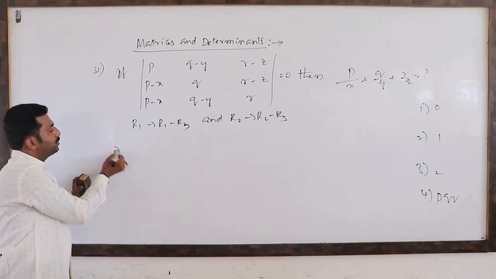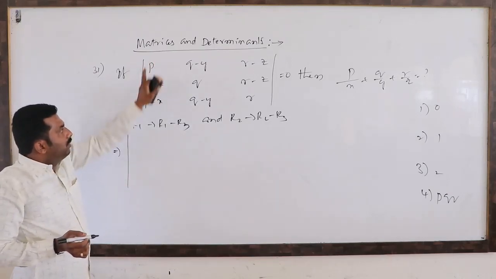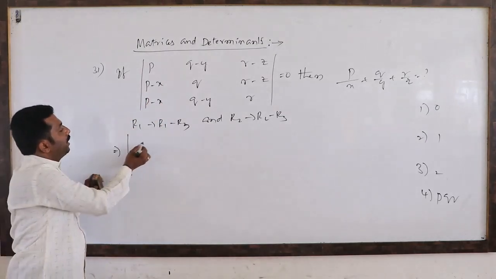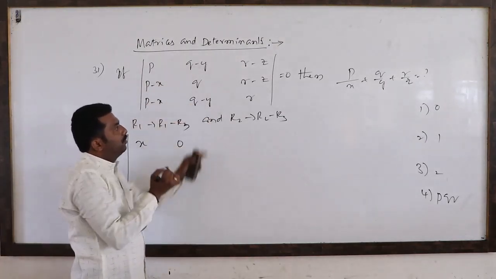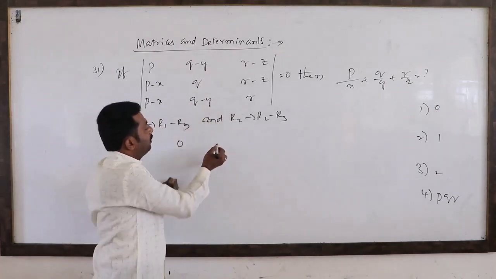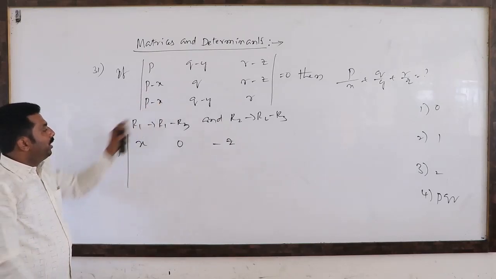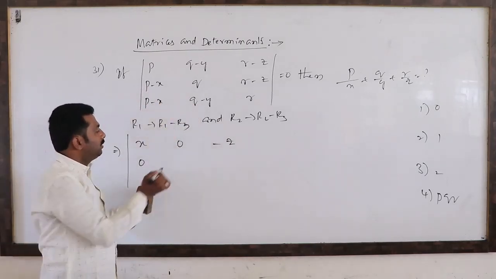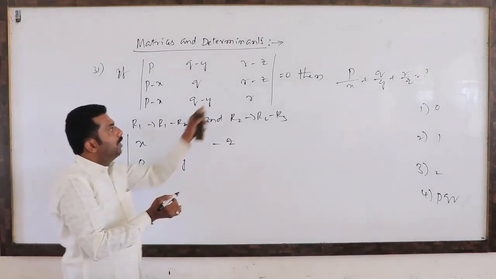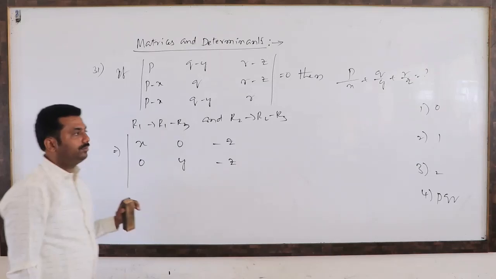So from this, R1 minus R3 means X, 0, and minus Z. R2 minus R3 means 0, Y, and minus Z.